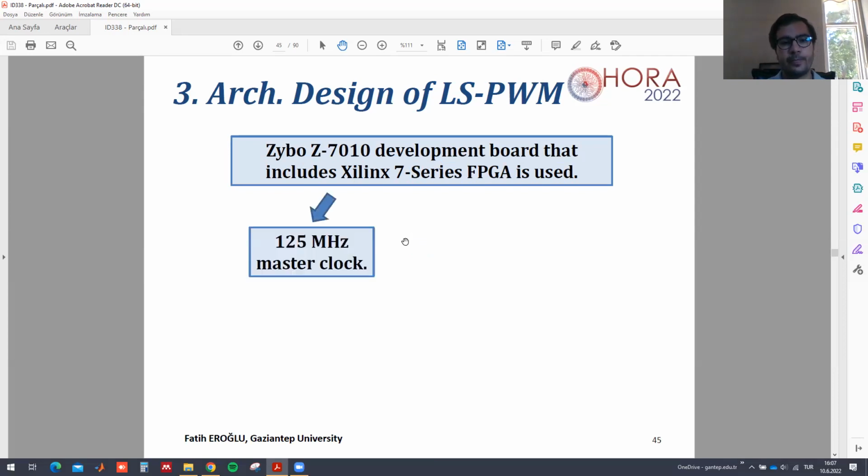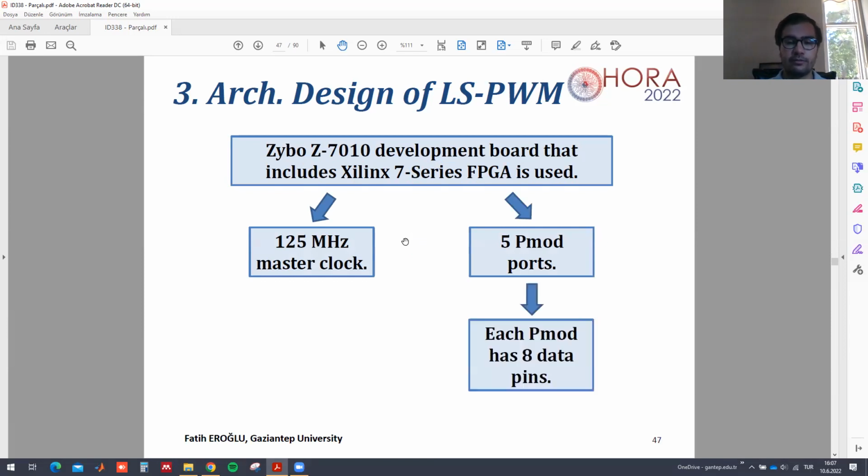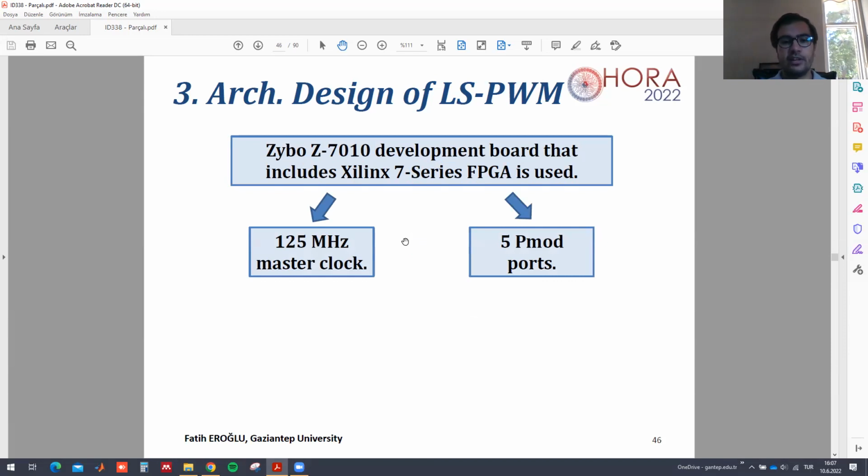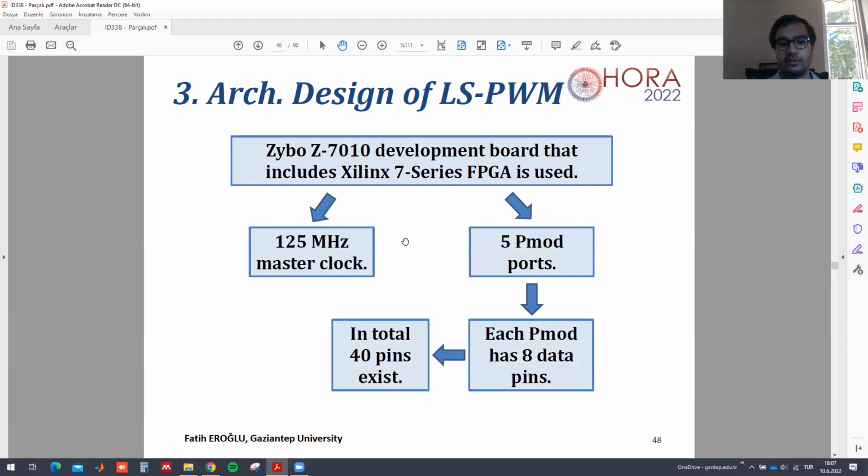It has a master clock of 125 MHz and 5 Pmod ports. These Pmod ports are critical in power converter structures because each one has 8 data pins, and those data pins in total make 40 pins. These 40 pins can be used to drive 10 H-bridges in a multi-level system.